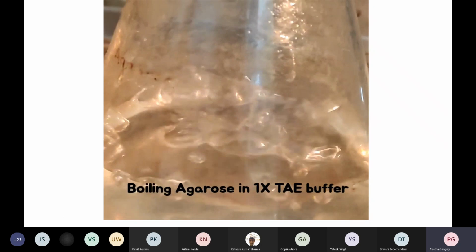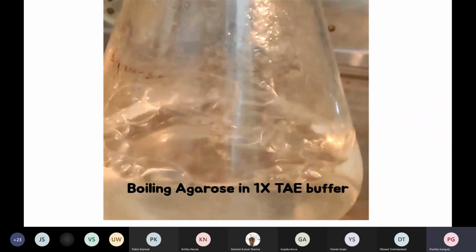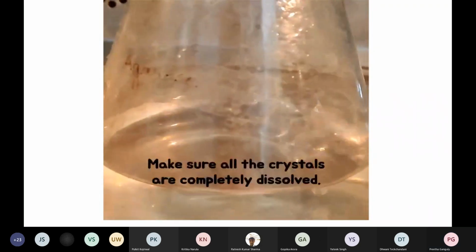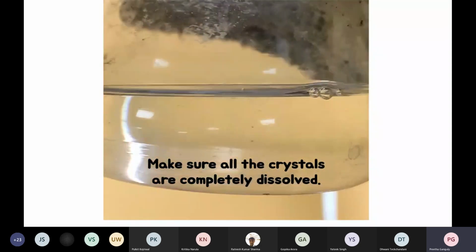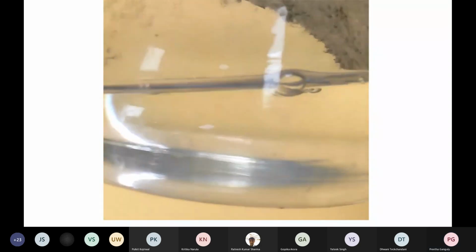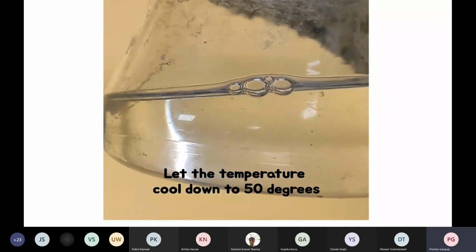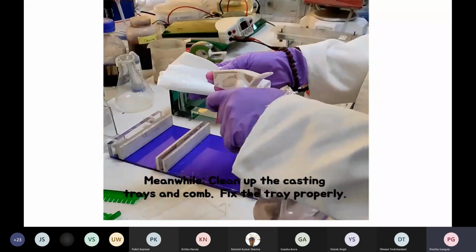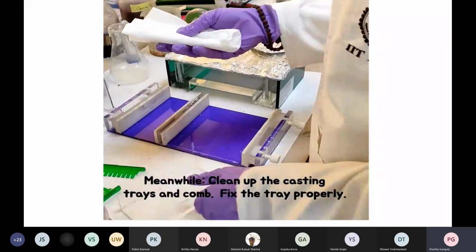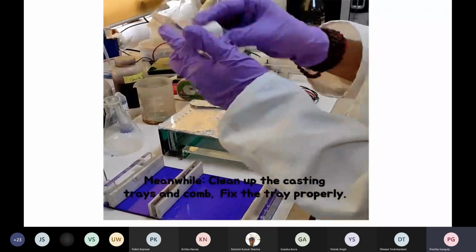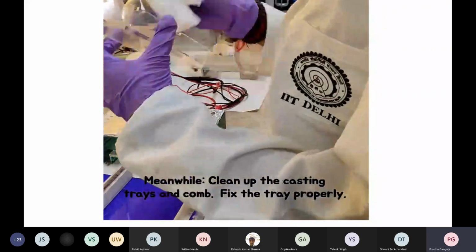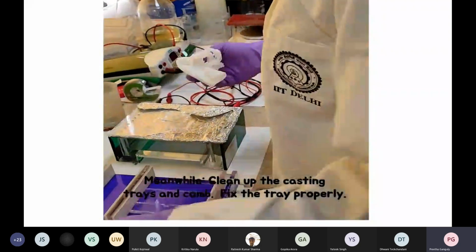So we boil the agarose in 1x TAE buffer and make sure that all the crystals of the agarose are completely dissolved. And let the entire thing cool to less than 50, and in the meantime we clean our casting trays and combs properly with ethanol so there is no contamination.